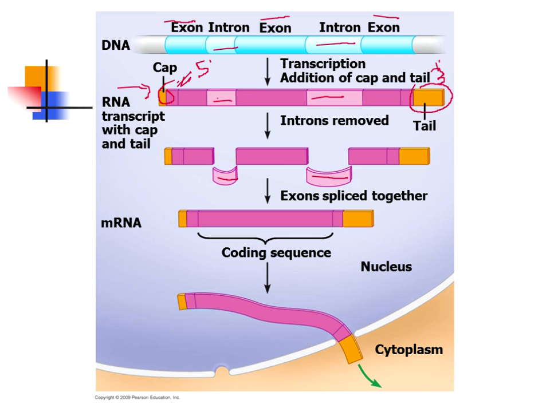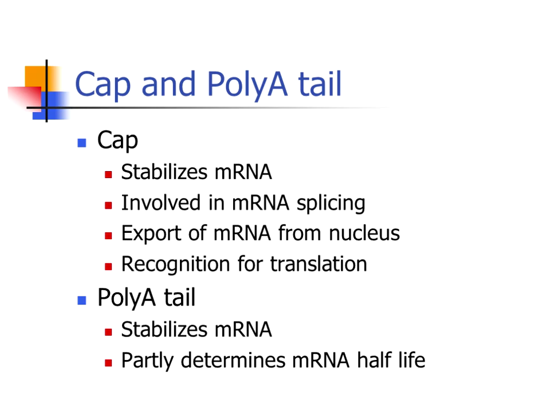Okay, so let's look at it a little bit further. What does the cap do? The cap for the messenger RNA? Well, it stabilizes the messenger RNA, and it is involved in messenger RNA splicing. The way the cell excises out the introns, the cap is involved in interaction with the molecules that come along to cut out the introns. And it is also involved in export of the messenger RNA from the nucleus, okay, and recognition for translation.